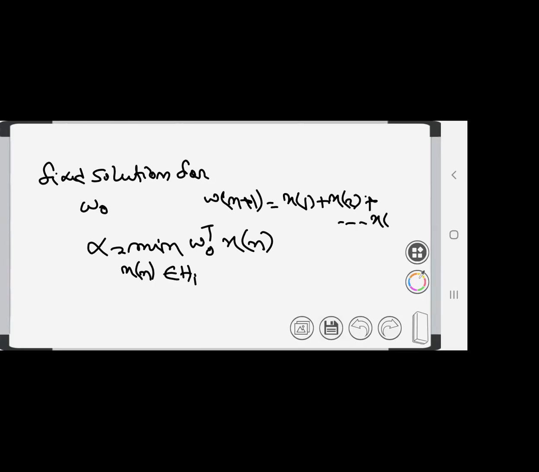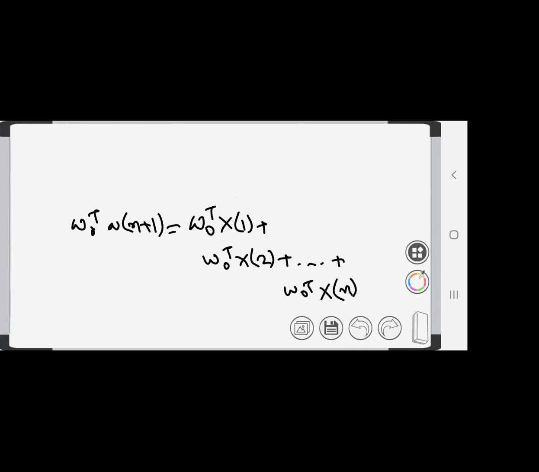If we multiply this equation on both sides by W naught transpose, we have W naught transpose W n plus 1, which is equivalent to W naught transpose x1 plus W naught transpose x2 plus up to W naught transpose x n. According to the definition of alpha, this W naught transpose W n plus 1 should be greater than or equal to n alpha.